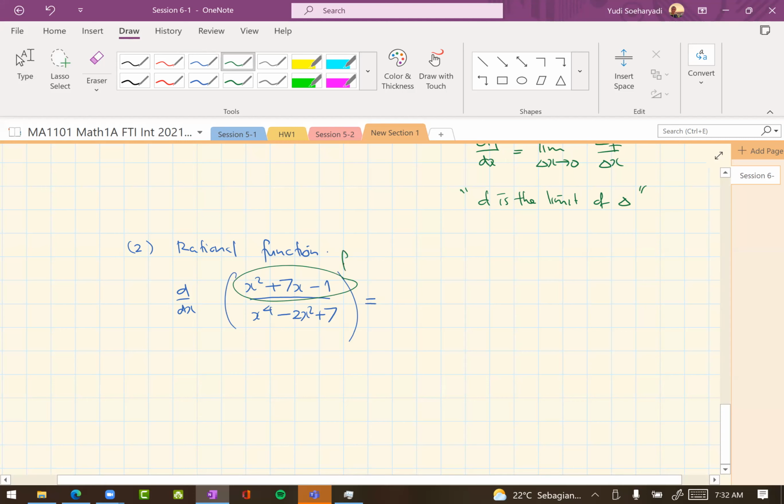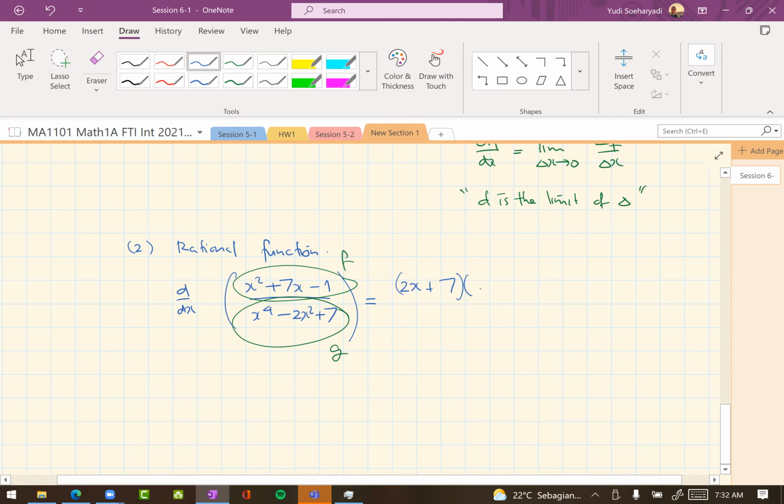This is our f, this is our g. So the derivative of f becomes just 2x plus 7, because this is addition, so you just take the derivative of each one and then take the coefficient factor out. The derivative of -1 is 0.